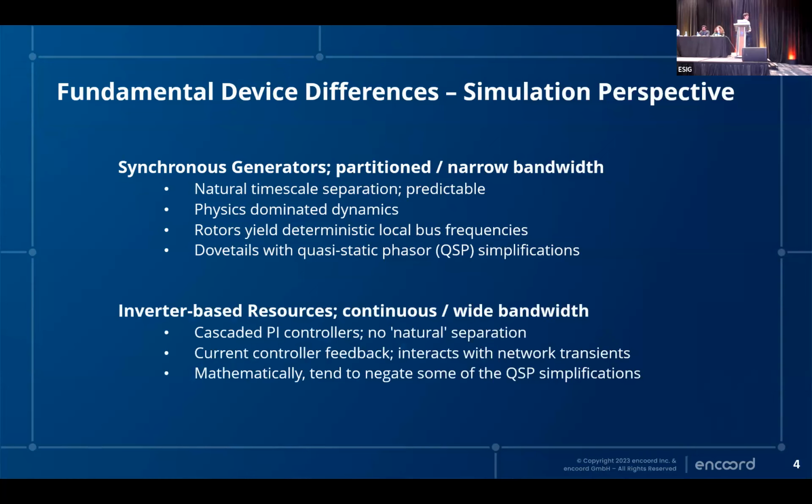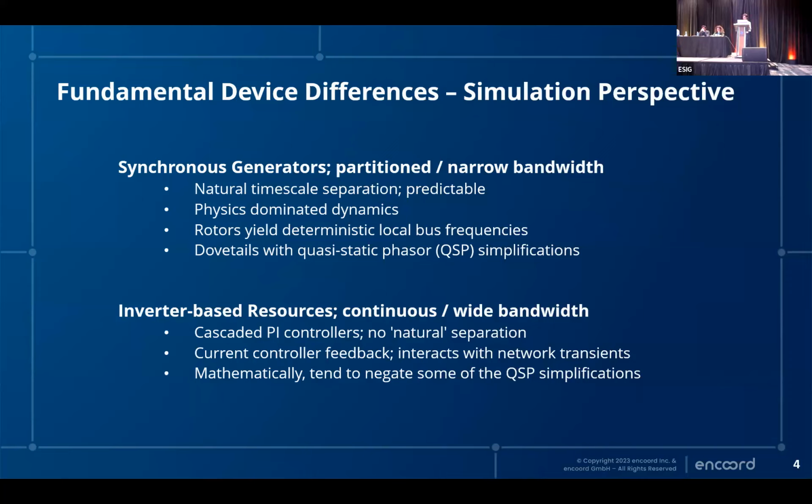But when it comes to inverter-based resources, these are very different devices, dynamically different. We could consider them to have a much larger bandwidth as compared to synchronous generators. This is caused because the canonical configuration of inverter-based resources, of course, there's a lot of proprietary things going on, but generally speaking, you have cascaded proportional integral controllers. So there's no real natural separation here.